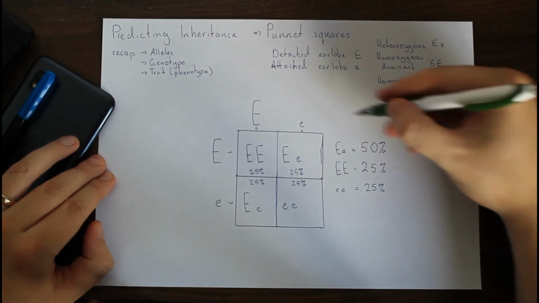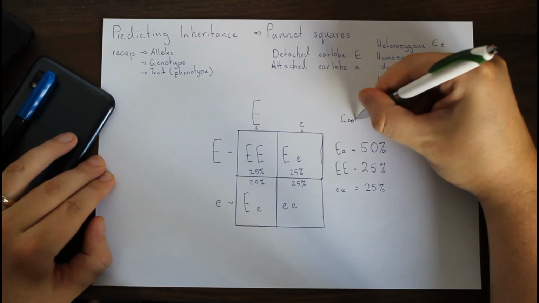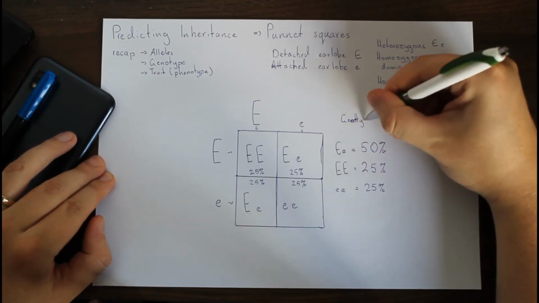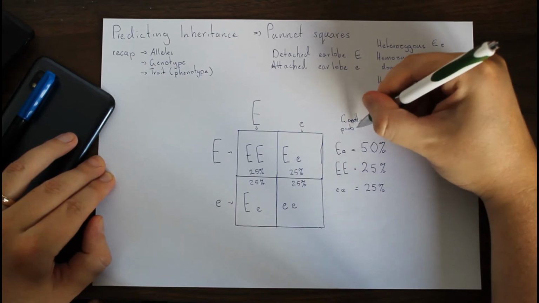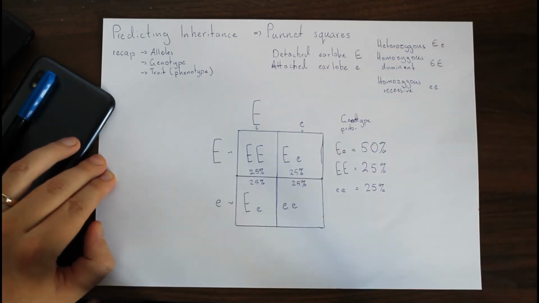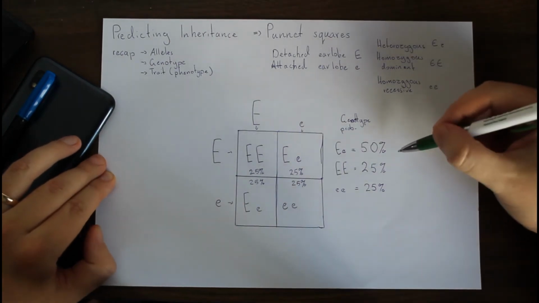Okay, now this would be our genotype probability. Sometimes it's given as a ratio, and that's fine. I like to deal with probabilities personally.